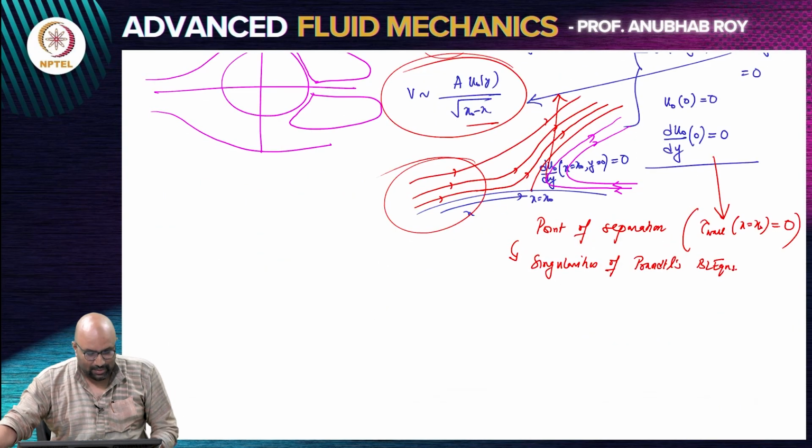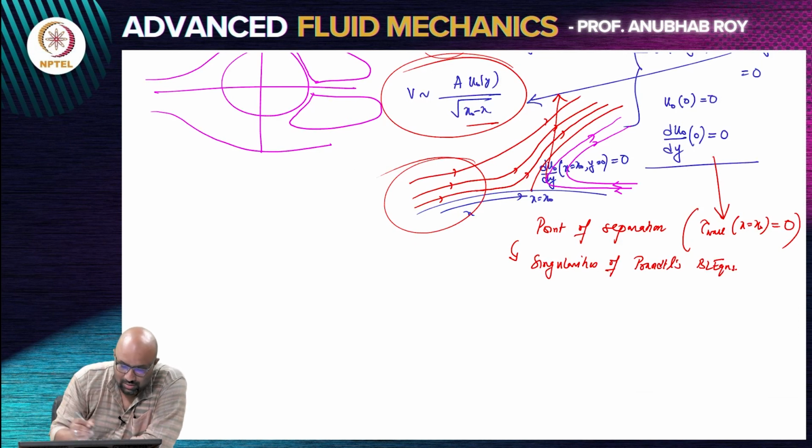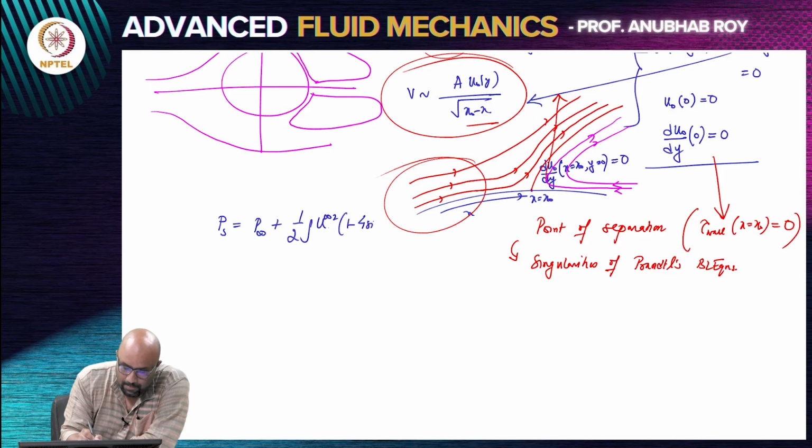So, the picture in conclusion, we already have a problem that we have done, which is the circular cylinder. In the circular cylinder problem, we wrote down the surface pressure as the following.